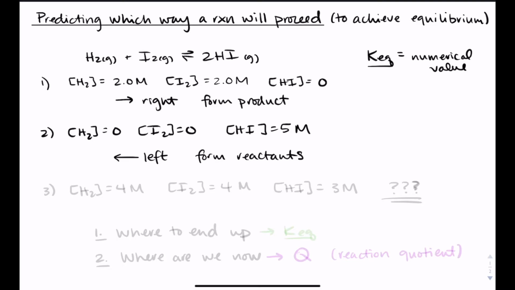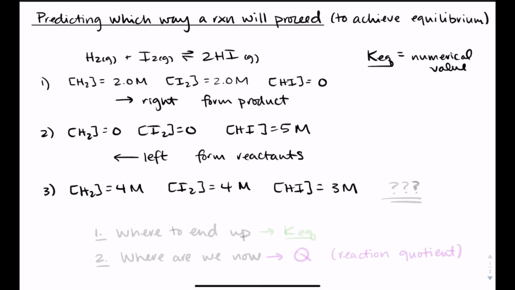But what about if H2 is 4 molar, I2 is 4 molar, and HI is 3 molar? I could calculate products over reactants, but that's not the equilibrium constant because I'm not at equilibrium.